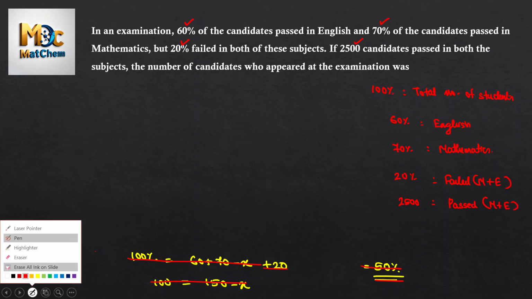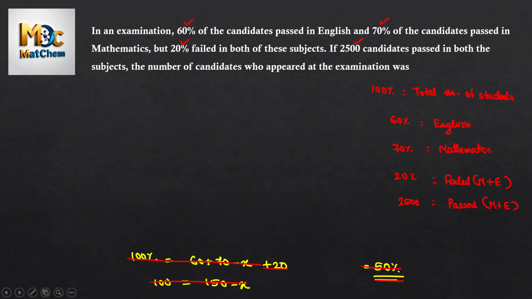If it is like that, what can we take? If 60% of students passed in English, that includes the number of students who passed in maths as well as English. Since we don't know the percentage of students who passed in both maths and English, we can just assume it as X percentage.